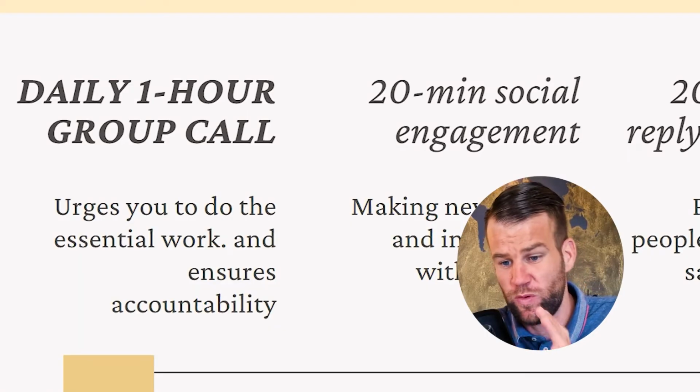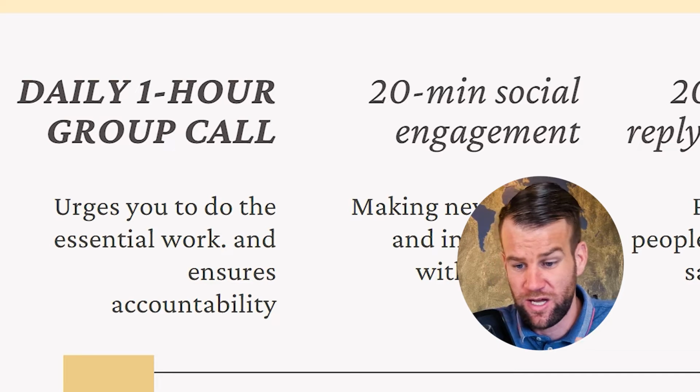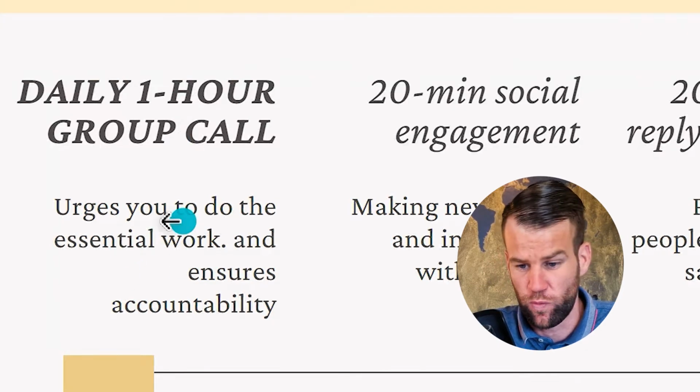So we do this work 1 hour per day together, right? This is separate than the free coaching classes that I run in our Facebook mastermind group that you are part of. This is a separate daily 1 hour group call, and it urges you to do the essential work, right? And it ensures accountability for you to actually show up for your online coaching business and do the work.